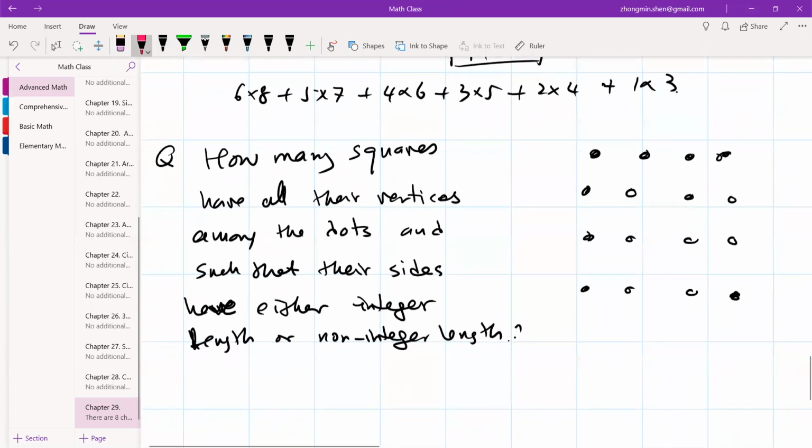Let me show you one that has a non-integer length. I think this one. This is a square, okay? And the edge length is going to be square root 2. This is also a square even though it's not horizontal. It's not necessarily in the perfect position, so it could be like that, okay?